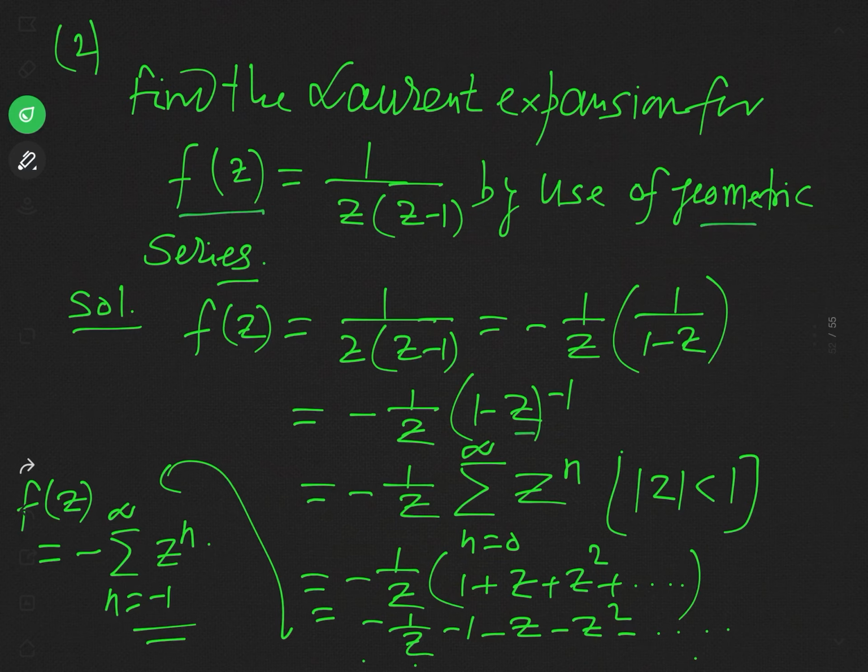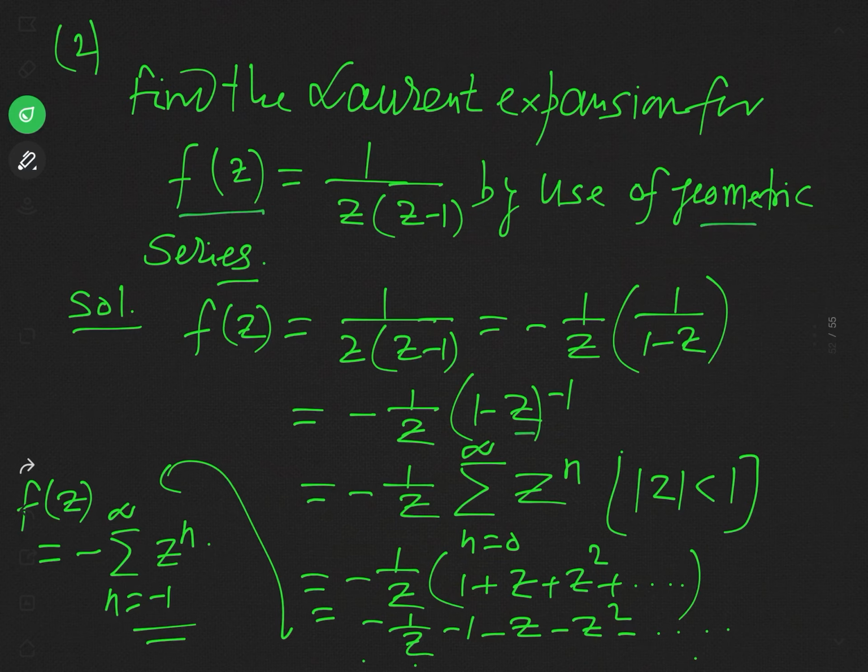And by the binomial expansion of this series, you will get 1 plus z plus z square and so on. So let us see the simplification. If we multiply by minus 1 over z to these terms, what will be the result?